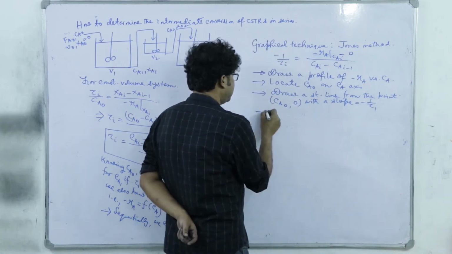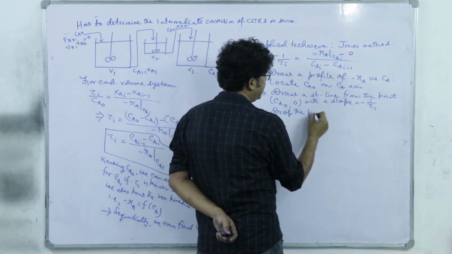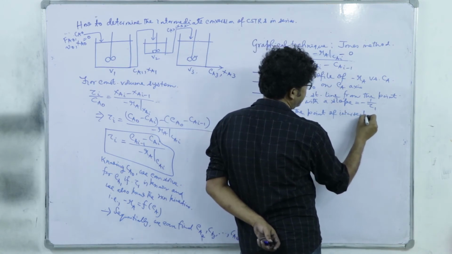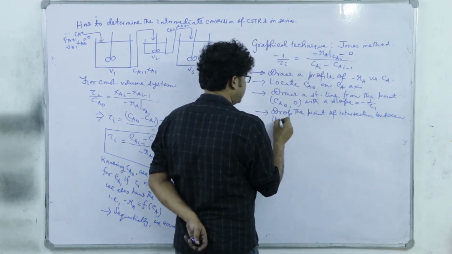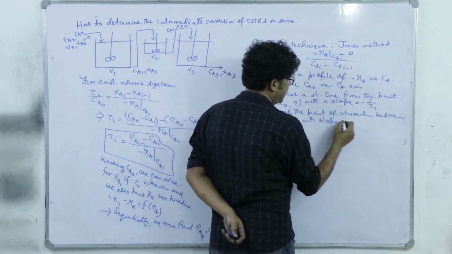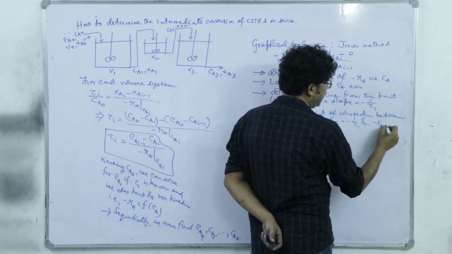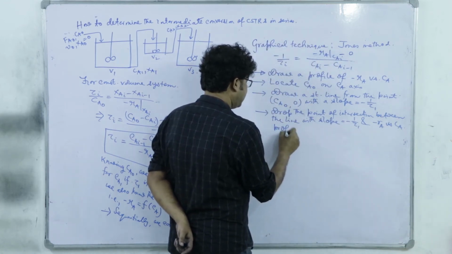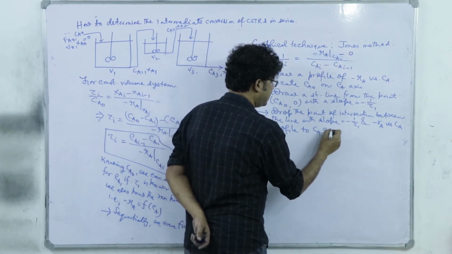Right. Drop the point of intersection between the line with slope equal to minus 1 by tau 1 and minus Ra versus Ca plot to Ca axis.